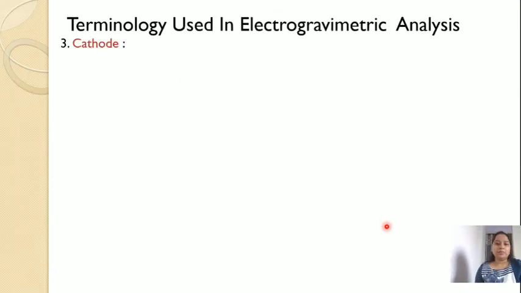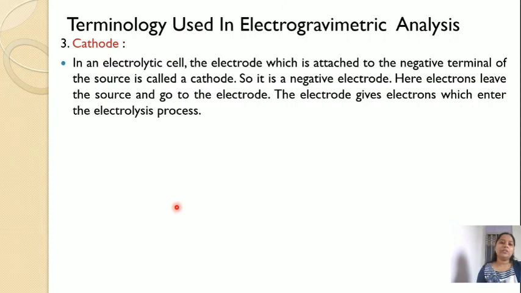The next term is the cathode. Cathode in an electrolytic cell. We know that in an electrolytic cell, electrical energy is converted into chemical energy. In that cell, the electrode which is attached to the negative terminal of the source is called the cathode, so it is a negative electrode.